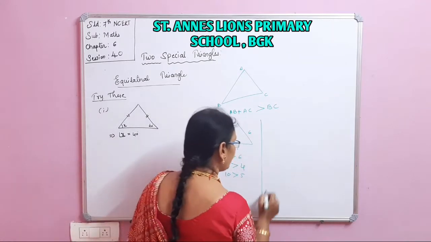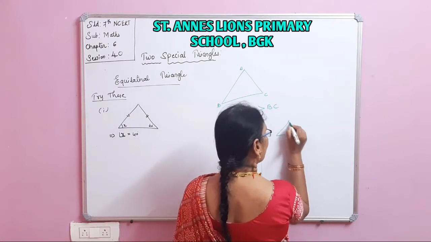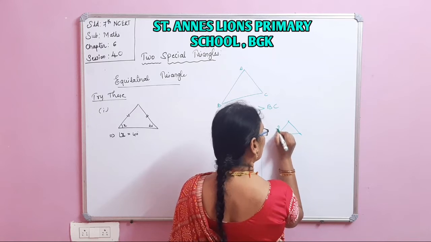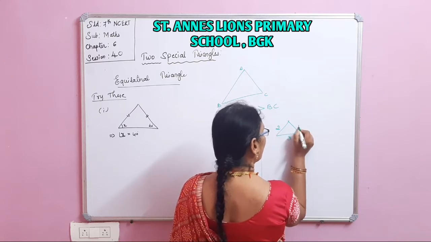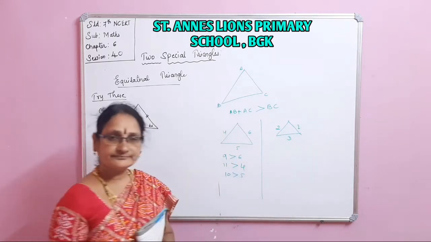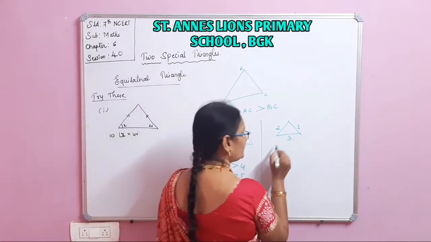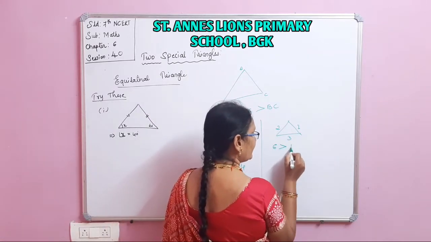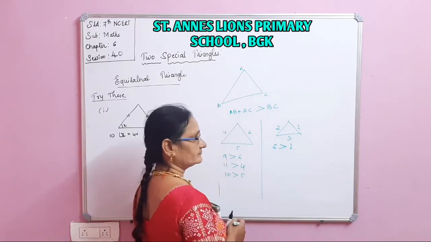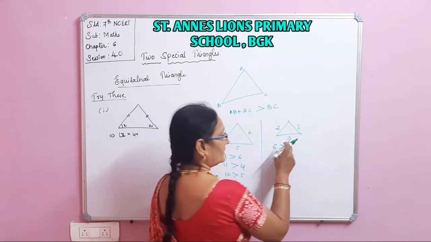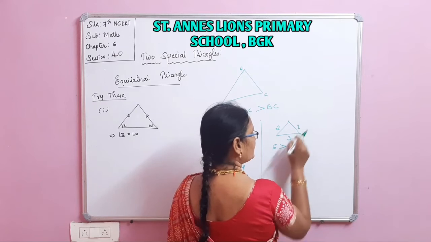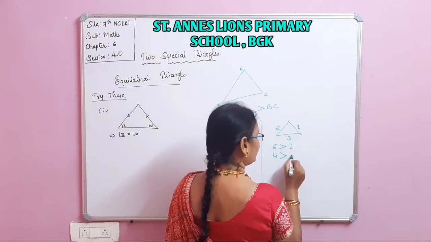Suppose sometimes the triangle may be like this: 2, 3 and 1. See here now. 2 plus 3 is 5. 5 is greater than 1. Okay. Then 3 plus 1 is 4. 4 is greater than 2.